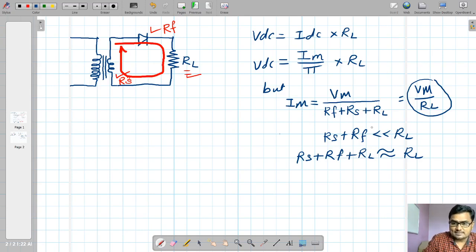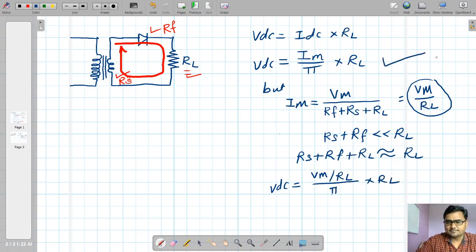Now put this in the above equation, then VDC becomes Vm divided by RL, divided by pi, and this multiplied by RL. Look at this, I am writing this equation again for your sake.